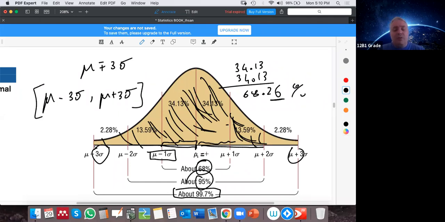So if mu is, for example, 100 centimeters, and sigma is 10 centimeters, it means 100 minus 3 times 10 is 70, and 100 plus 3 times 10 is 130. So all my values are between 70 and 130 units.